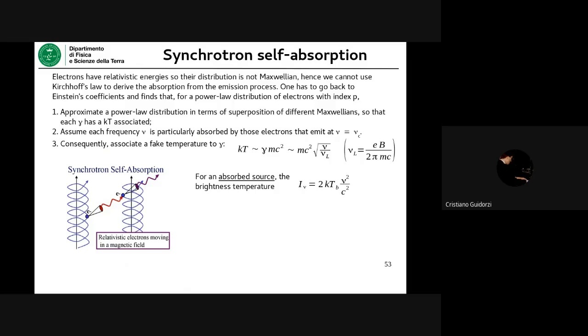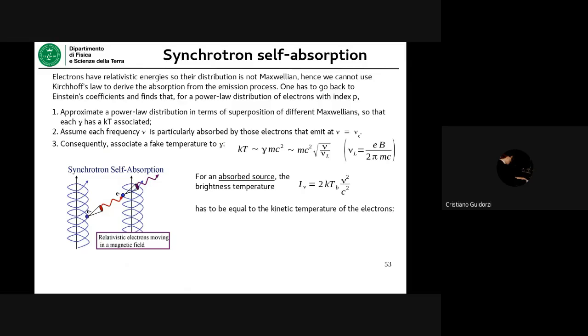But mind, in this very case we are considering, the temperature itself depends on gamma, because we are associating to any given electron a given temperature.